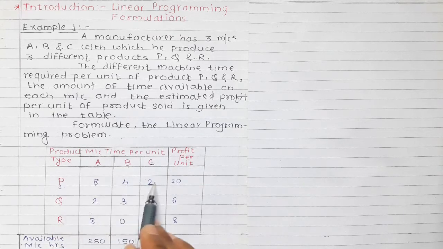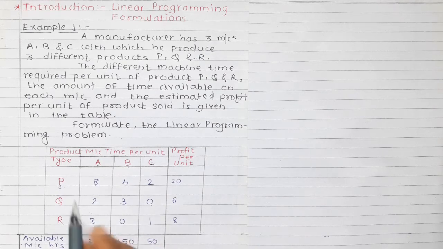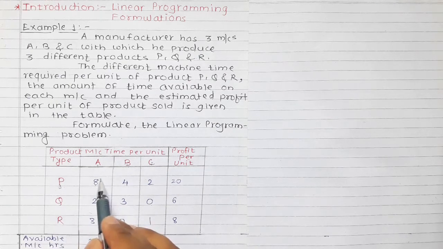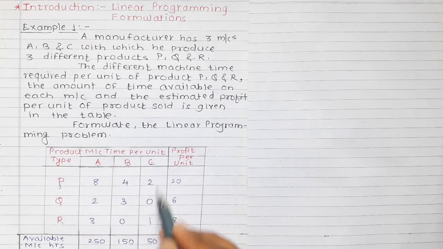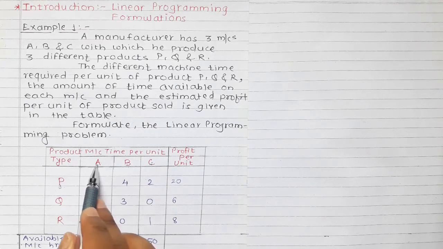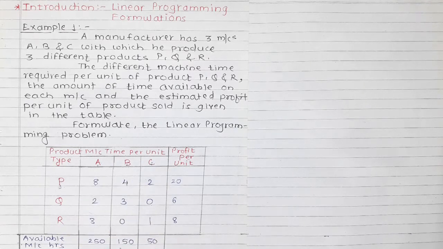So this is the data for 1 unit of each product, and we have 250 hours available machine time for machine A, 150 hours available for machine B and 50 hours for machine C. That means we can only use machine A for 250 hours, machine B for only 150 hours and machine C for only 50 hours.